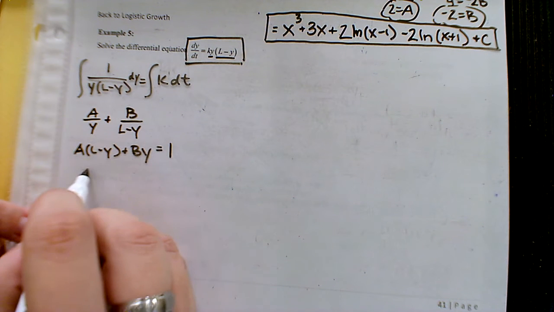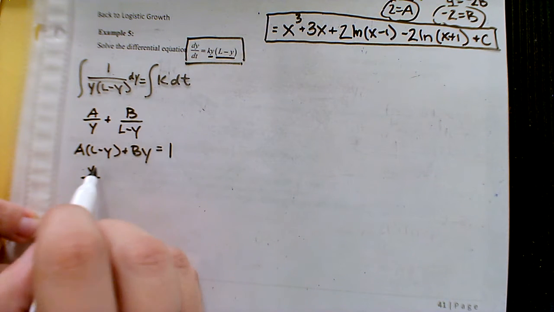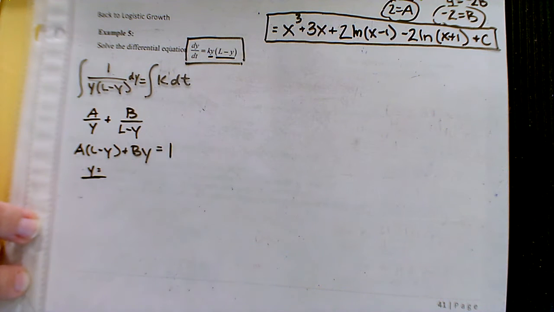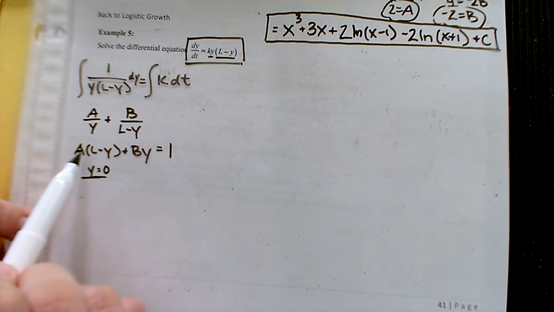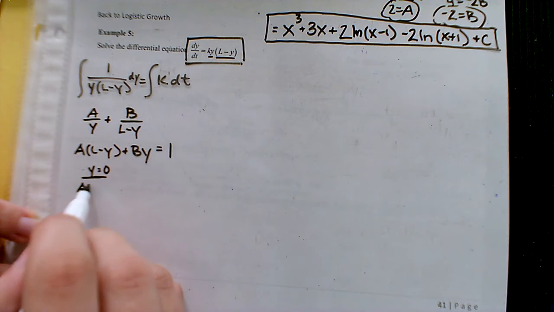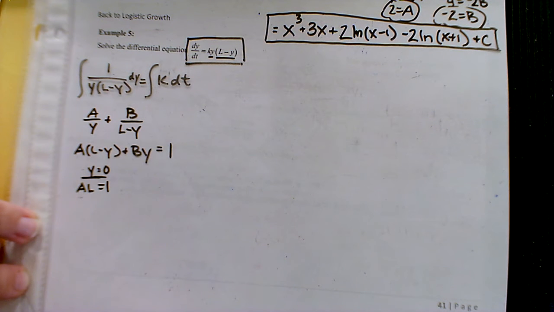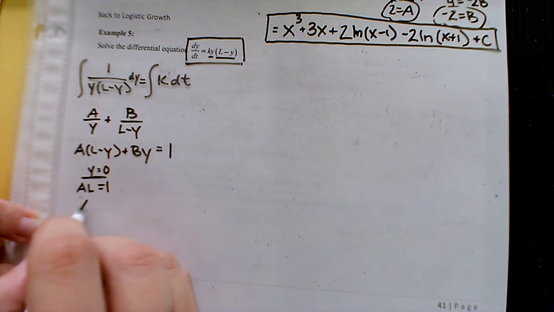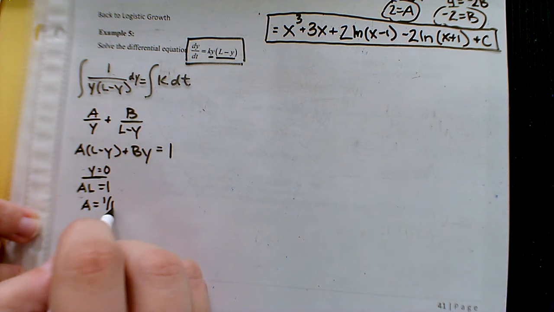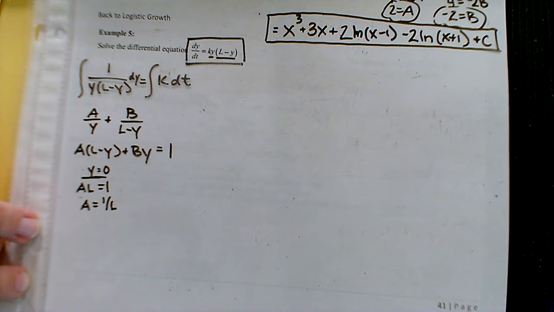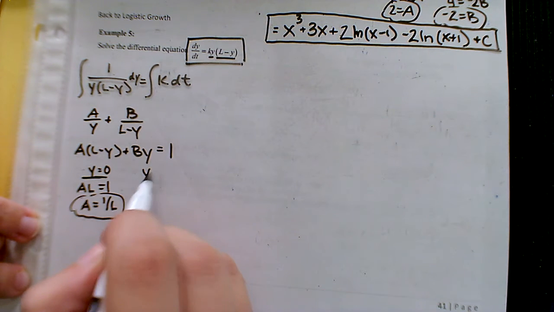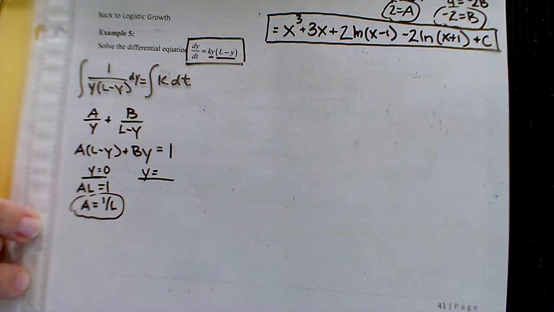Now can we pick some strategic y values in this case to help us solve for A and B? Yeah. 0. Okay. So if I plug in 0, I would have A times L equal to 1. So the A value would be 1 over L. Is there another value for y we can pick?